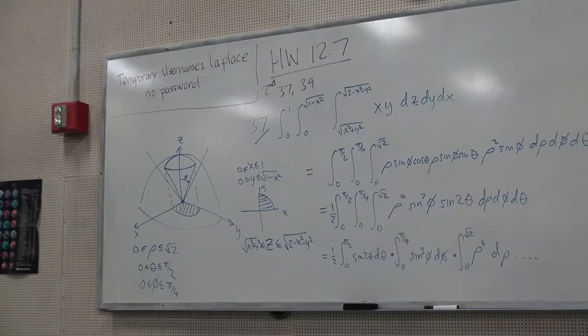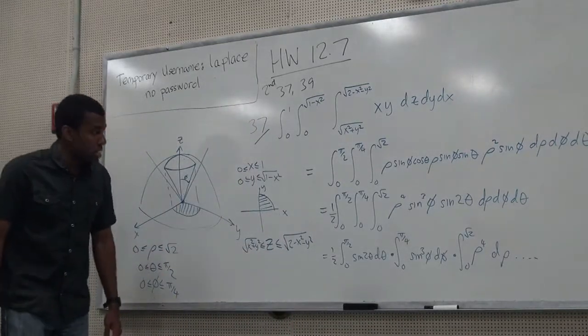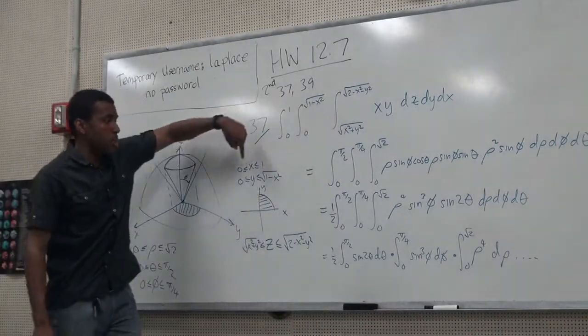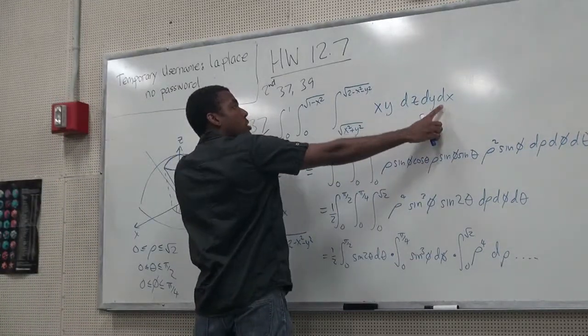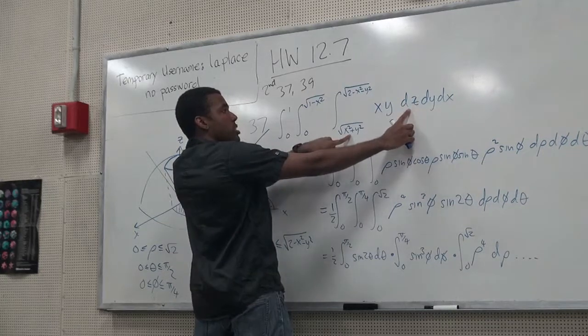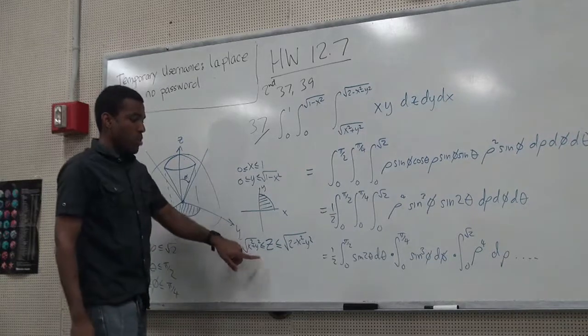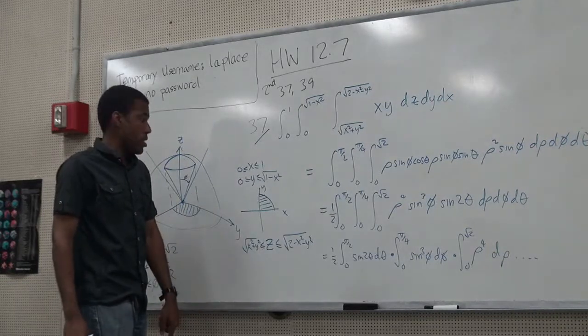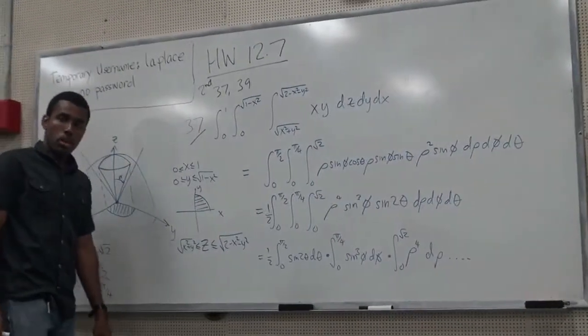Right, but the first step was to draw the diagram so that we could figure things out, and what you actually did was use the limits to set up your inequalities. So here I saw that x went from 0 to 1, y went from 0 to root of 1 minus x squared, and z went from this to that. So this was a cone under the upper part of a sphere.